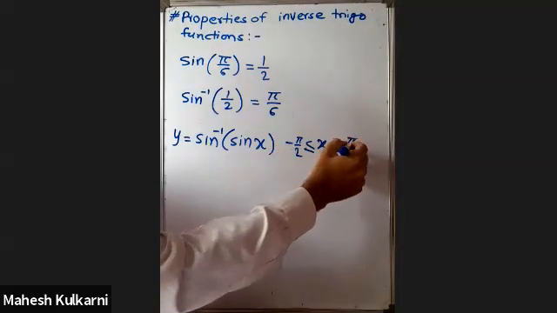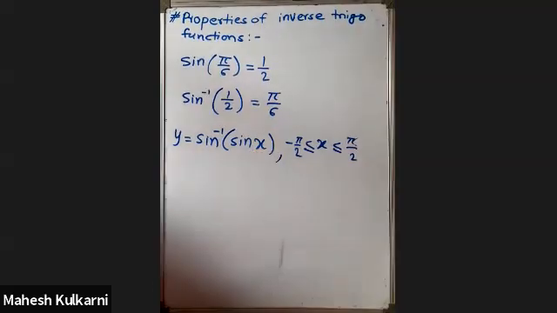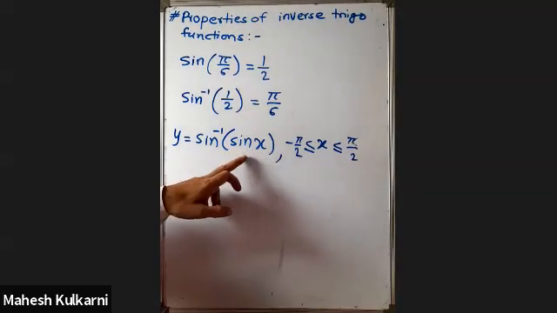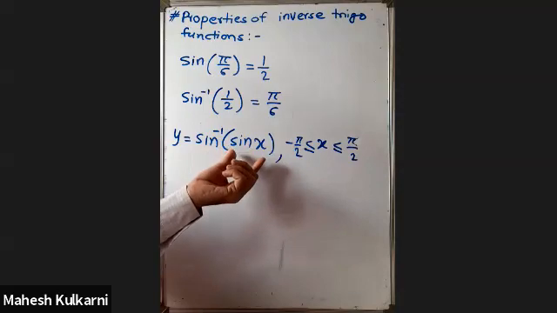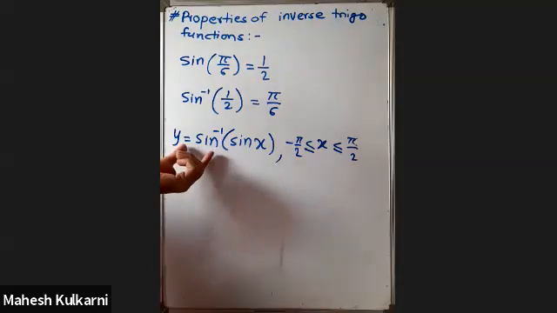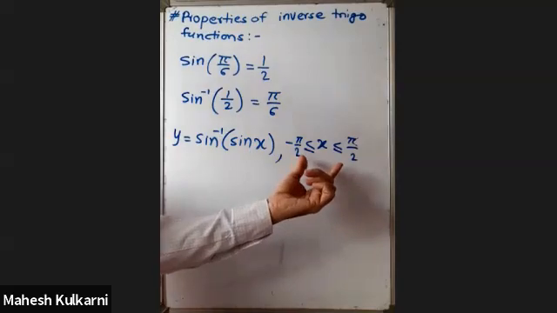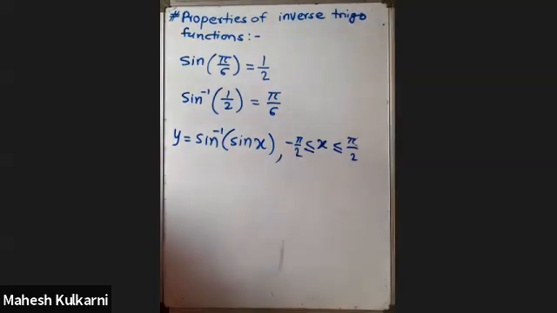It should be minus pi by 2 to pi by 2. Sine x can be defined for all real numbers, but since it is sine inverse of sine x, we have to consider this restricted domain, that is minus pi by 2 to pi by 2.